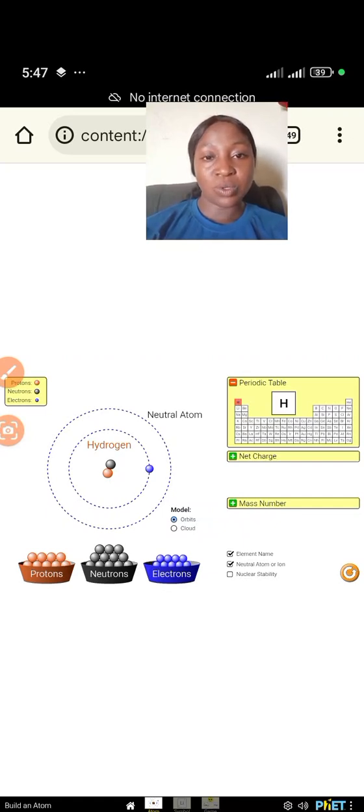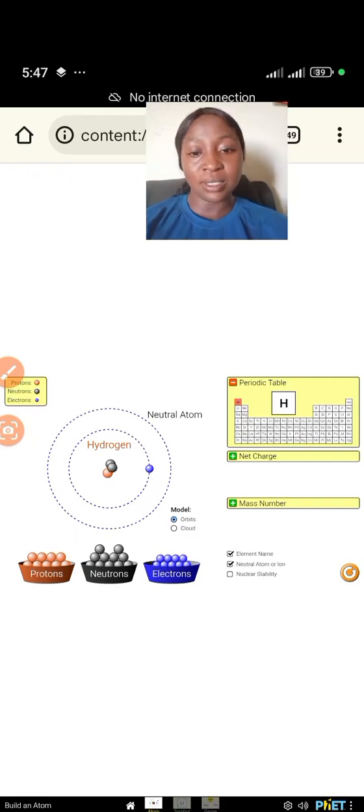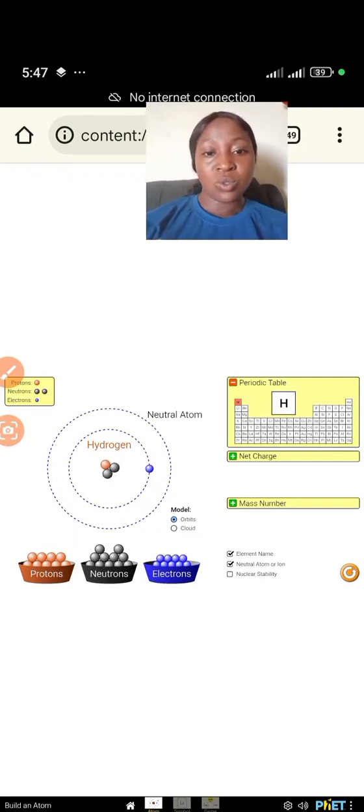We have what we call isotopes. That's isotopes of hydrogen. A situation whereby hydrogen has one proton but is having two neutrons. So let's check something like that. You can still see that this is still hydrogen, but let's check the mass number. So the mass number for this is 3.